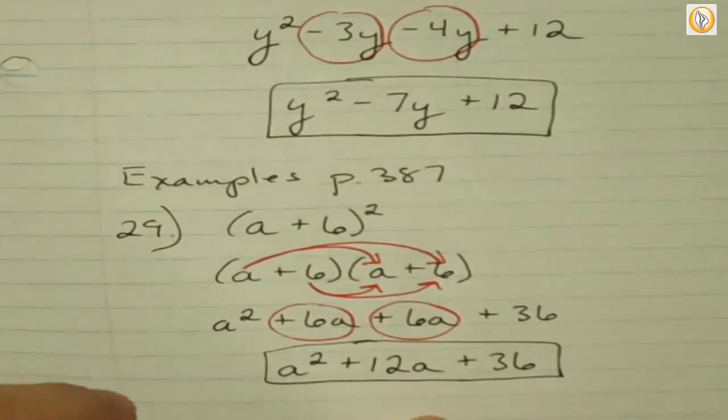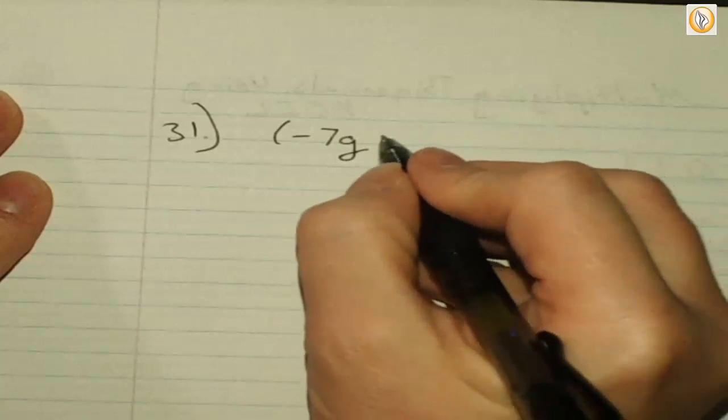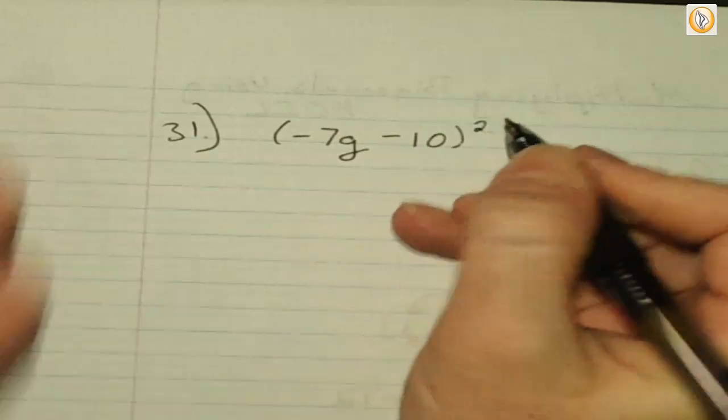Everyone have that down? 31. This will be the last one. Negative 7g minus 10 squared.